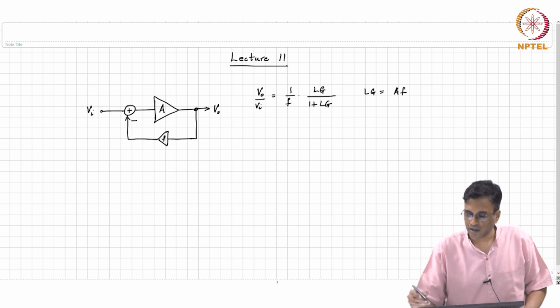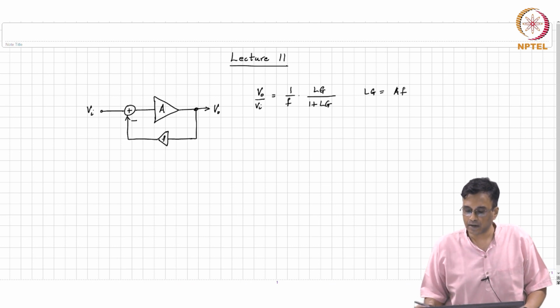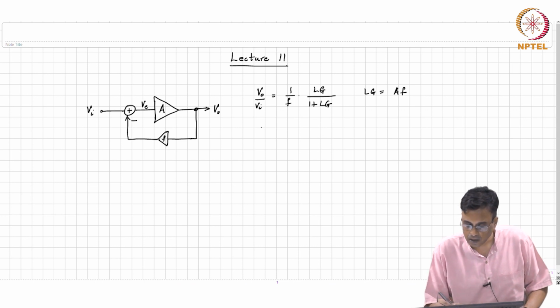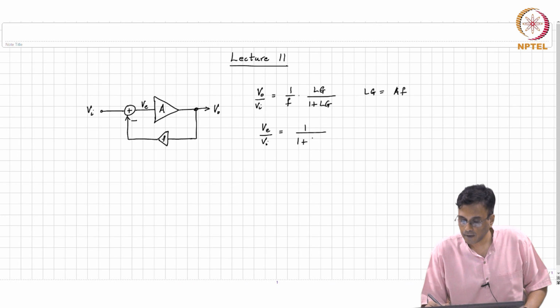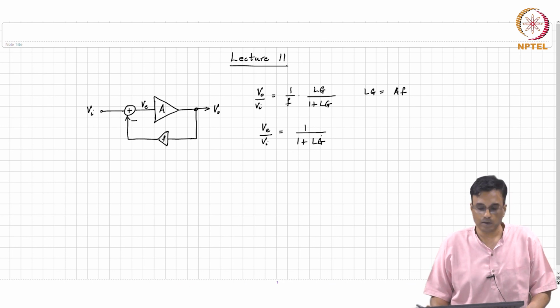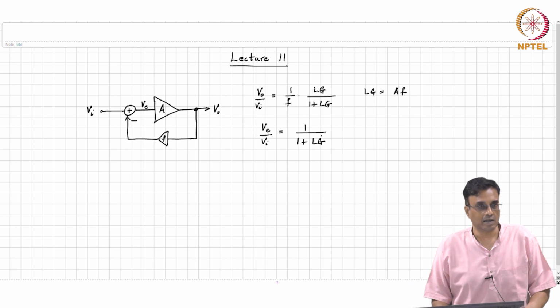So if AF, the loop gain, tends to infinity, then the error voltage VE by Vi is nothing but 1 by 1 plus loop gain, which is again A times F. If loop gain tends to infinity, it basically means that the error voltage is 0.